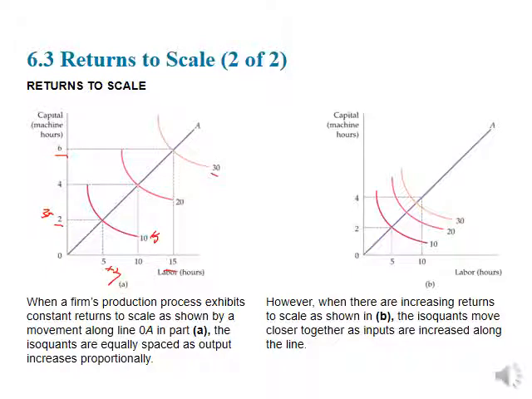Sometimes, however, we might be in a situation where the firm is ramping up, where we have increasing returns to scale. We can double our output, in this case from 10 to 20, with less than a doubling of the input.